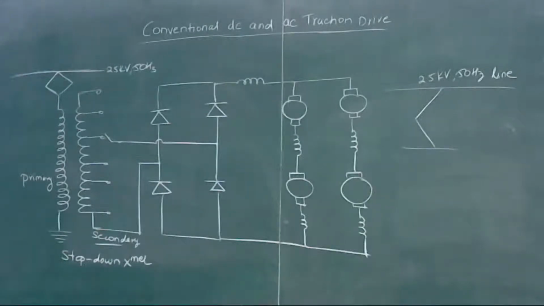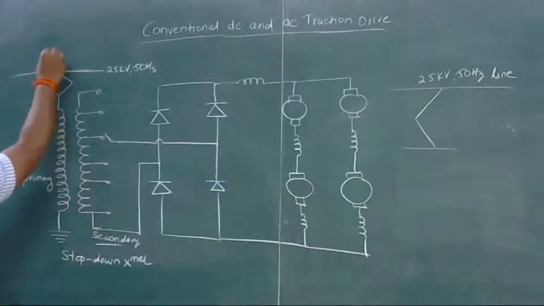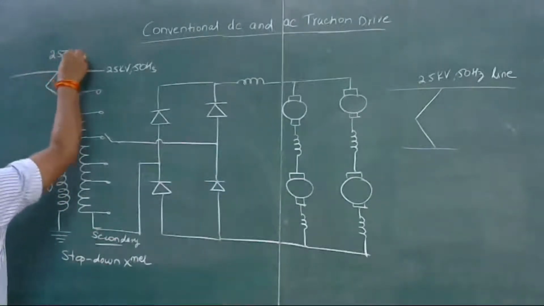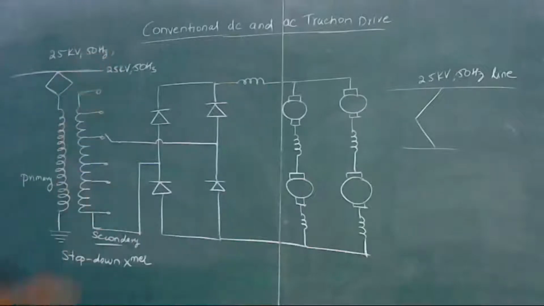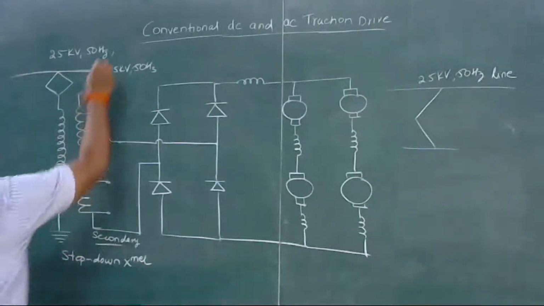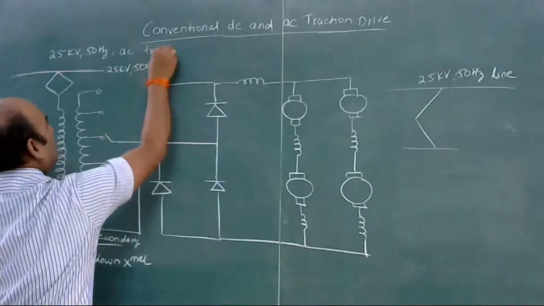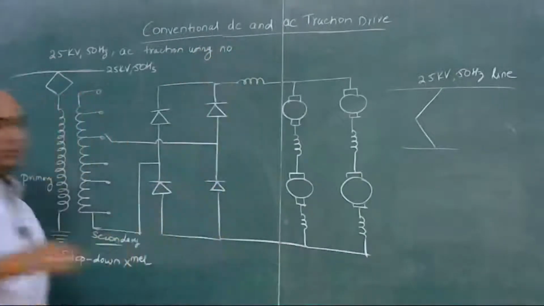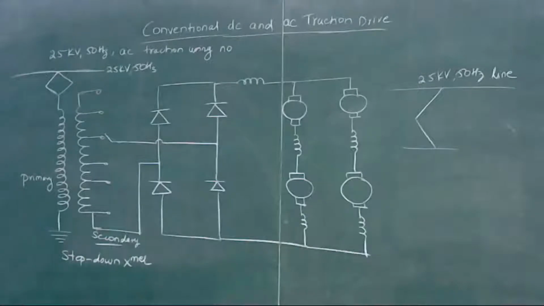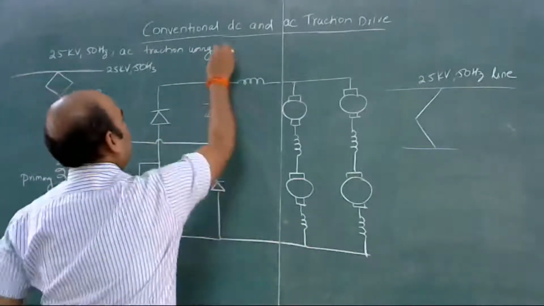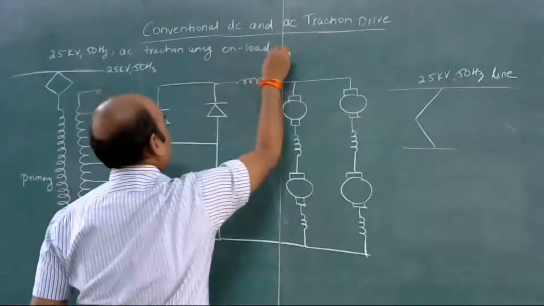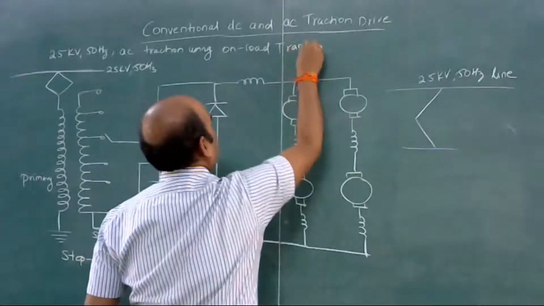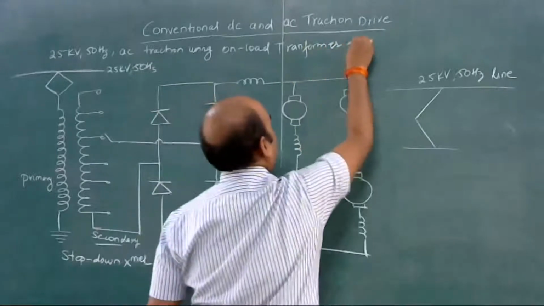the first traction drive. This is 25 kV 50 hertz AC traction using on-load transformer tap changer.